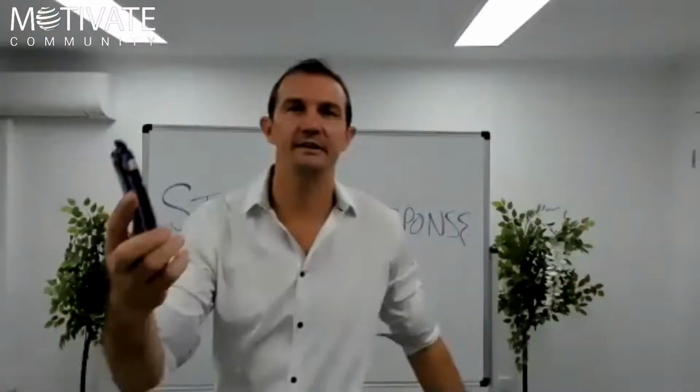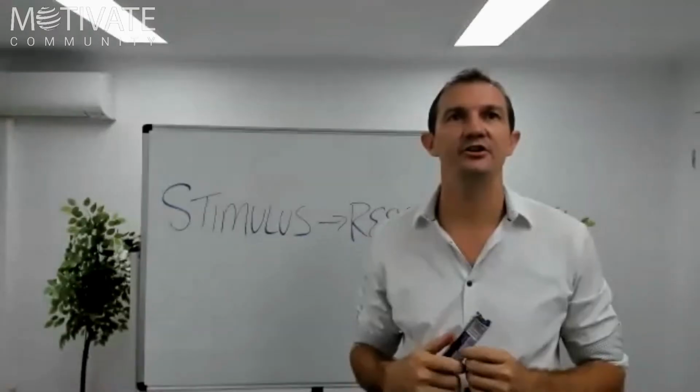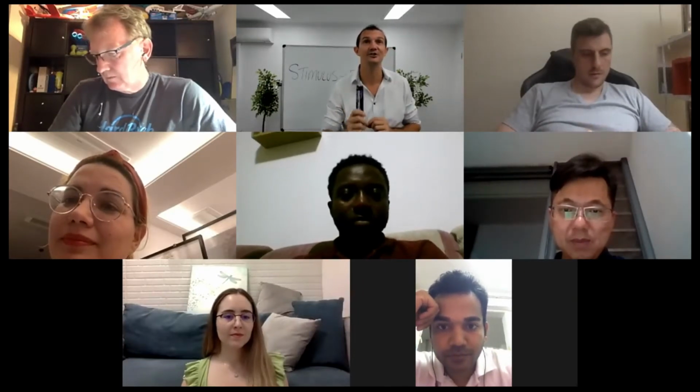So this is a chocolate bar, and I could also use it to say to you guys, hey, the first person that can show me an anchor using just your hands is a chocolate bar. It's a chocolate bar, but I'm now using it as a stimulus, and I want to get a response from you guys.